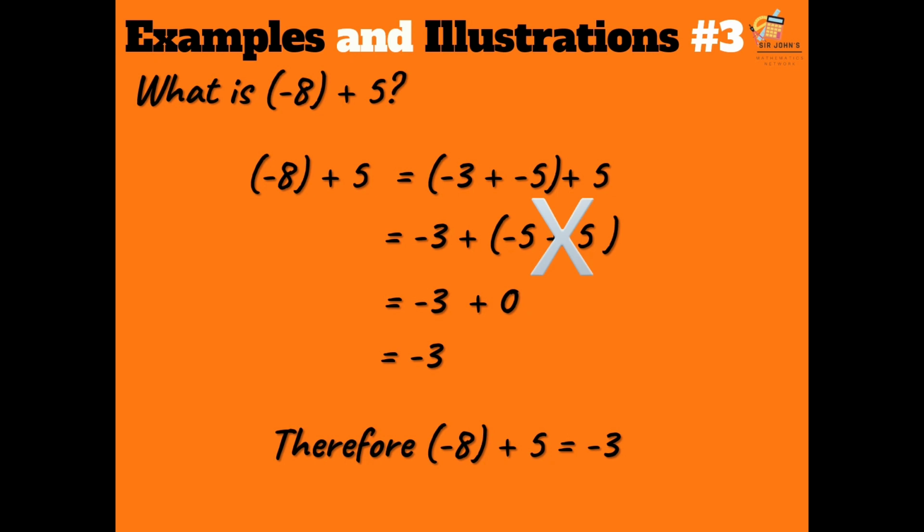Or, pwede rin nating gawin na ganito. Pwede nating i-add or i-subtract yung number portion which is 8 and 5. So dito, kung mapapansin nyo, magkaiba yung sign nila. Si 8 is negative, si 5 ay positive.